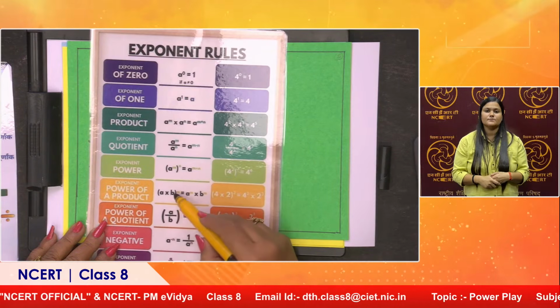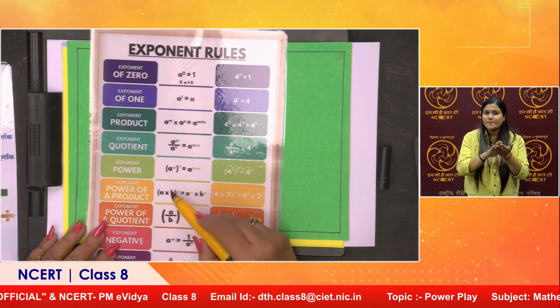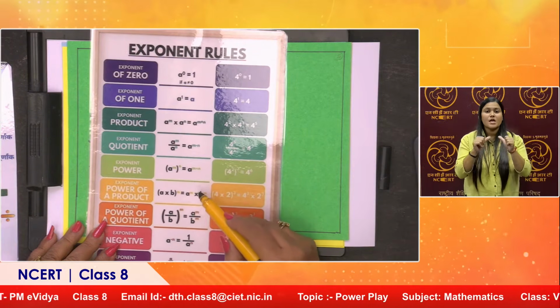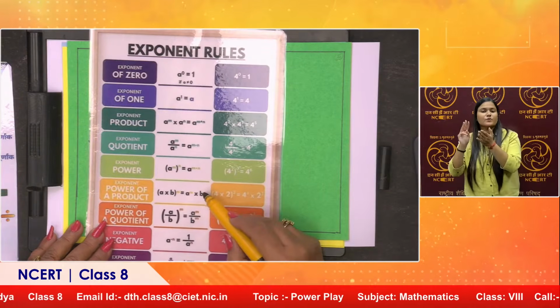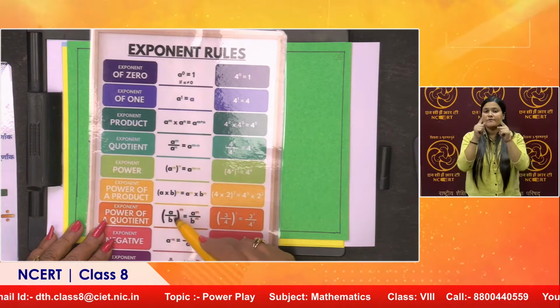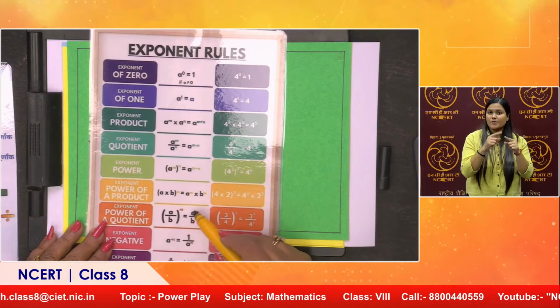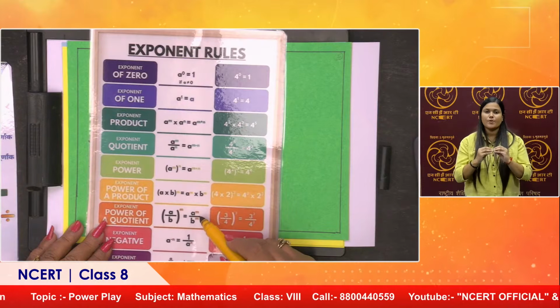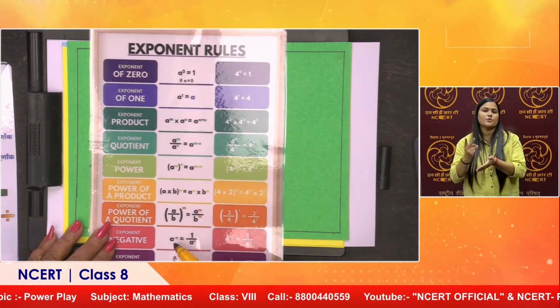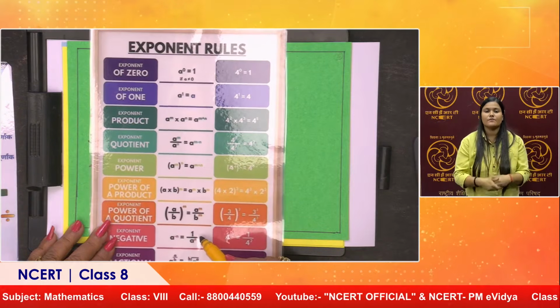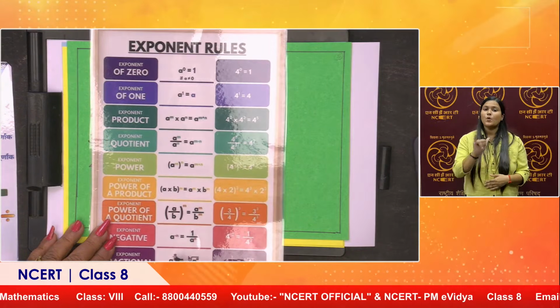And when I have different bases a and b, a into b whole raised to m can be written as a to the power m into b to the power m. And when we have division, the quotient a upon b whole raised to m, I can express this as a to the power m upon b to the power m. Then a to the power minus n can be written as 1 upon a to the power n.